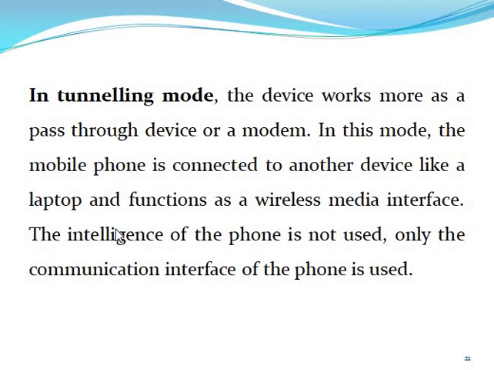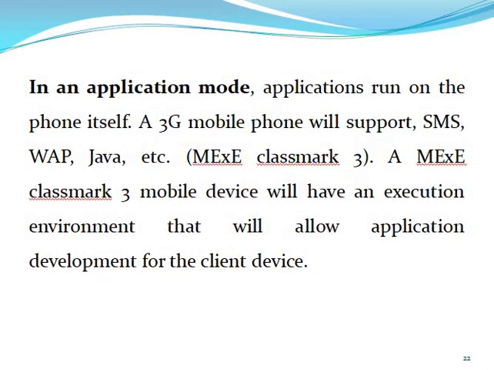Using 3G, you can use the mobile hotspot for the network or data communication. In the hotspot, you connect your laptop and use the data for the devices. So this is the importance.